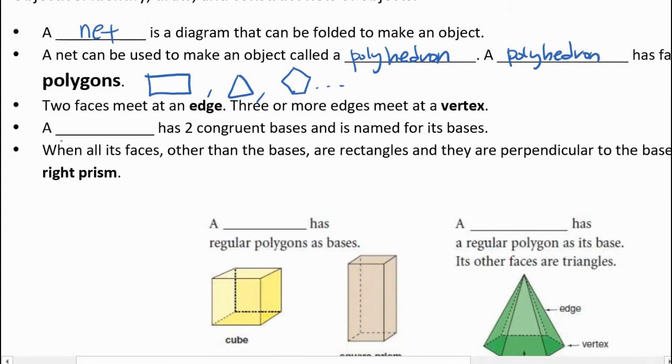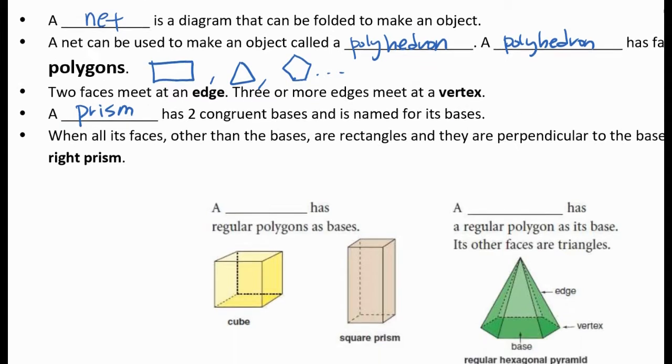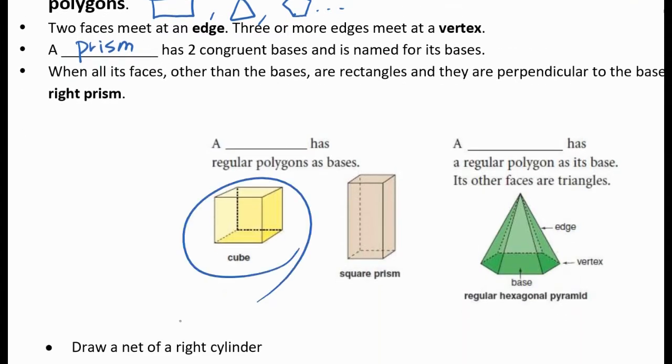Alright, and a prism. A prism has two congruent bases and is named for its bases. Okay, so for example, this one, we call it a cube, or we can also call it a square prism because the base is a square.